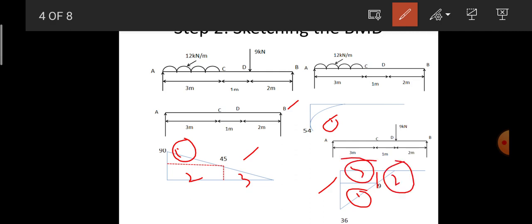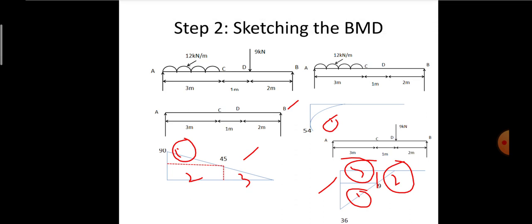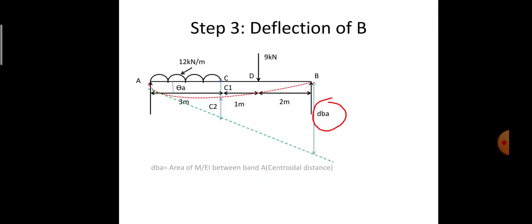So if I apply the area formula for each respective structure, and multiply with the centroid from A as the reference point, I get the equation in this fashion, and then I get the value of dBA as 460.5 divided by EI. So this is all about the calculation of deflection at point B.